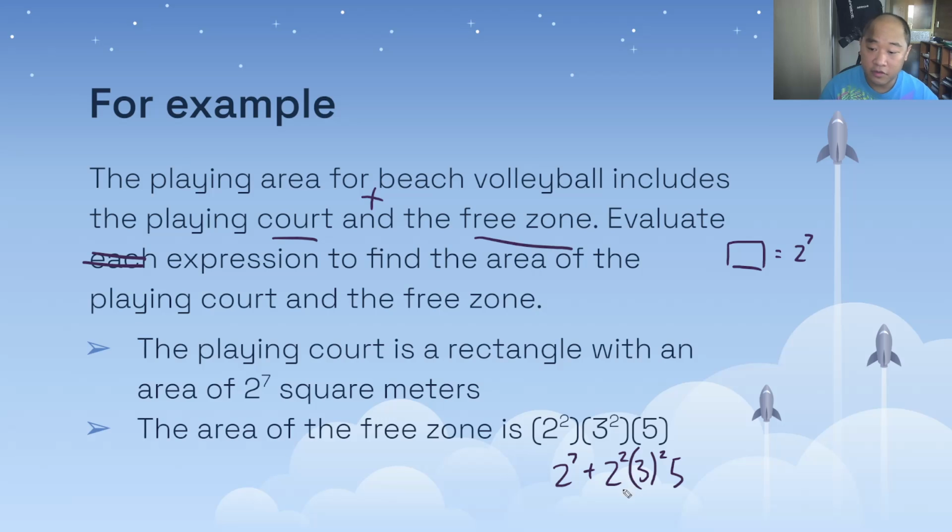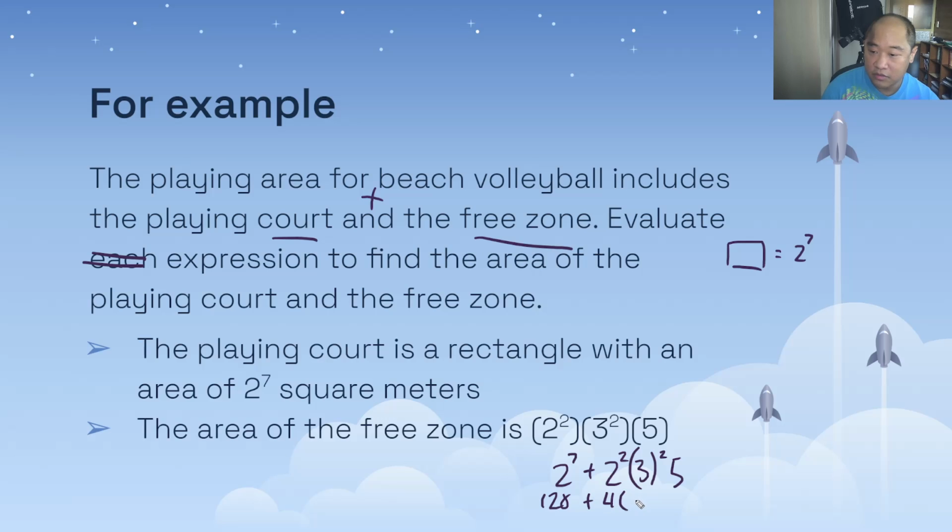So what do we do first? Well, we have to first simplify all the exponents, right? So 2 to the 7th, I don't know what that is. I need a calculator because I cannot do this mentally. 1, 2, 3, 4, 5, 6 is 128. 128 plus 2 squared is 4.